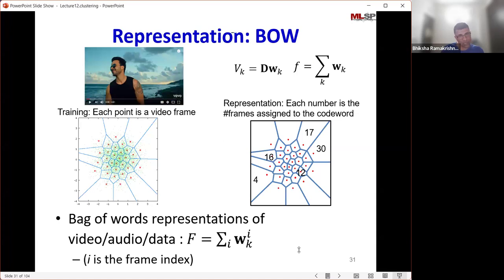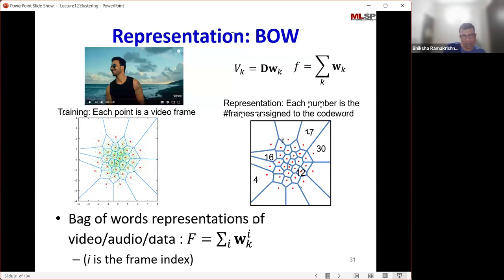And the way you would normally do it, at least back in the day, and even now, is that a video consists of many frames. From each frame, you can get a collection of features. So eventually a video is going to become a scatter of a large number of feature vectors. And then if you had a collection of training data that you had clustered, and if you had drawn these cell boundaries, then for any given video, you could just find out how many feature vectors fell within any cell, and then create a representation from it.